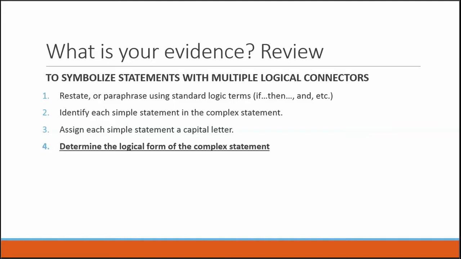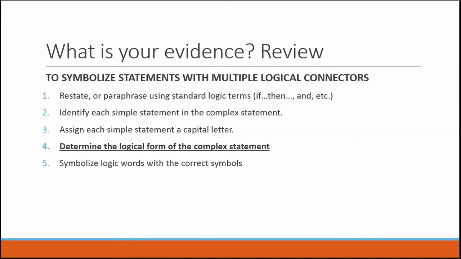Important. When you're symbolizing a statement with multiple logical connectors, you need to figure out the logical form of the complex statement. What is the main form? The main form, the logical form of the statement, is determined by the main logical operator.